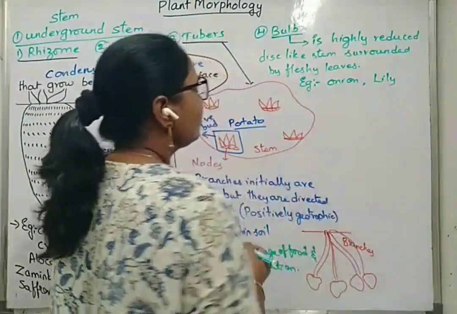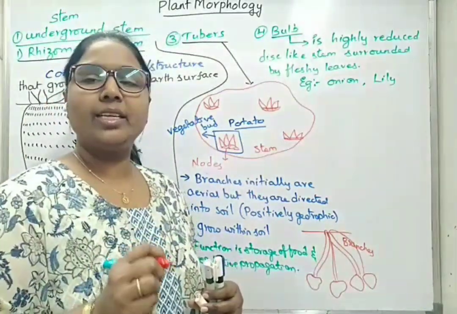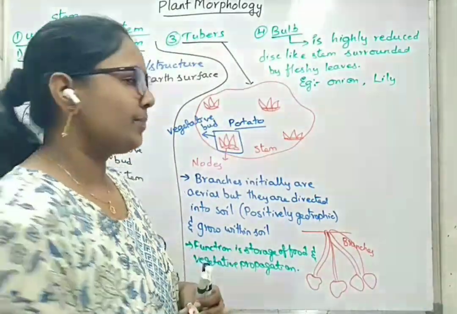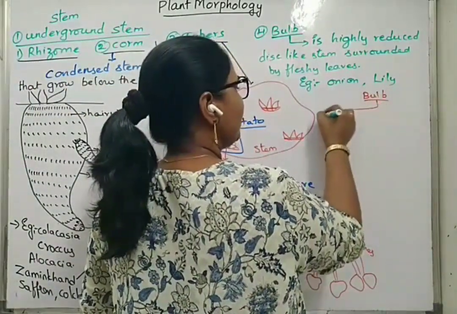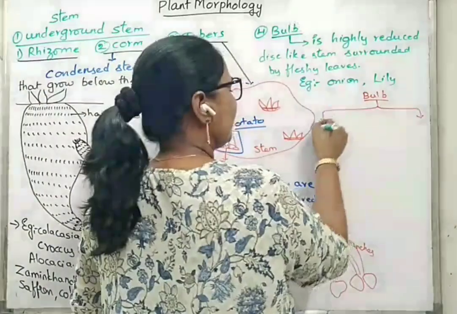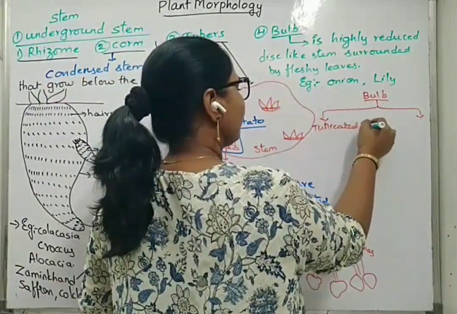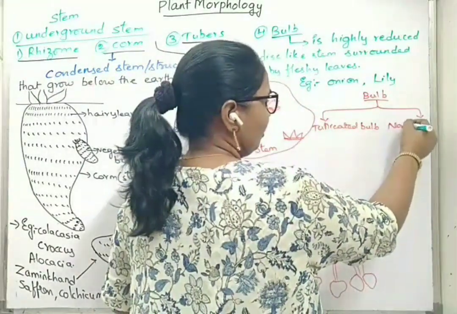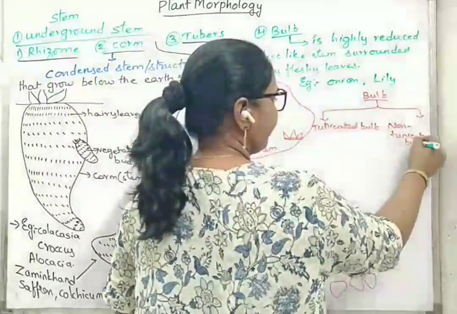If we go for the types of bulbs based on the outermost covering, that is called tunica, bulb is of two types: tunicated bulb and non-tunicated bulb.